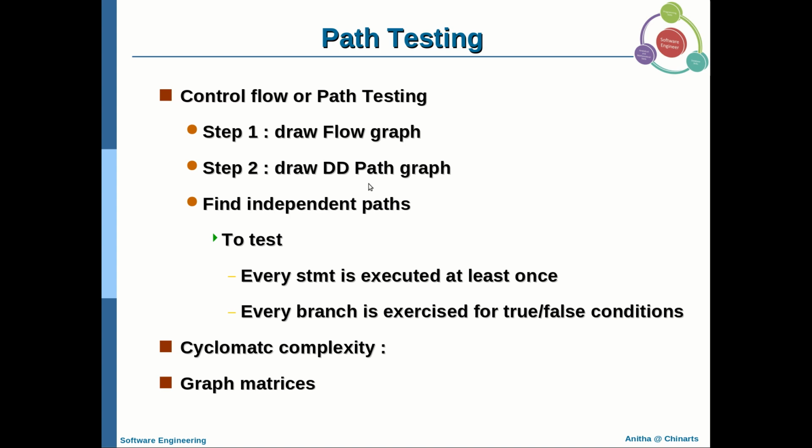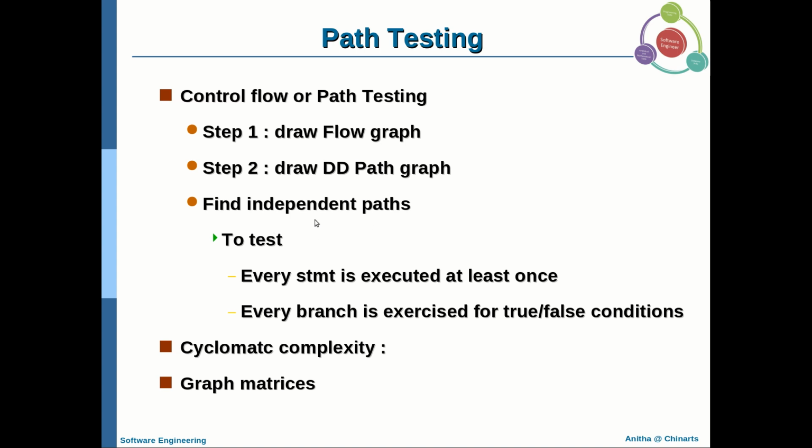DD path graph is known as decision to decision path graph. So draw the flow graph, then draw the decision to decision path graph, which will reduce the size of your graph.